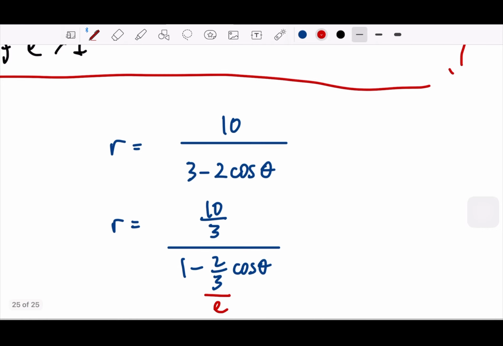And this term is ED, right? So we know for sure E is 2 over 3 and ED is 10 over 3, which means D equals 5. But since it's minus cosine, it will be on the left side.